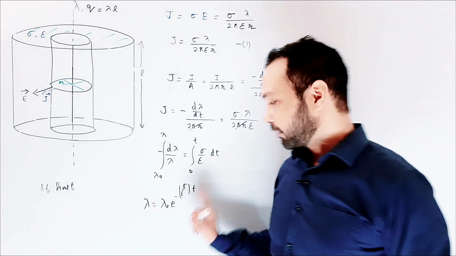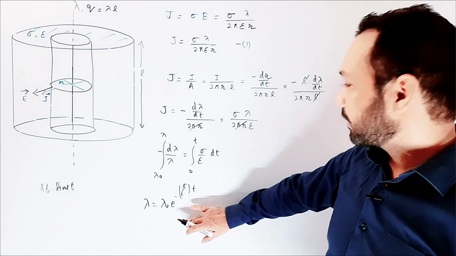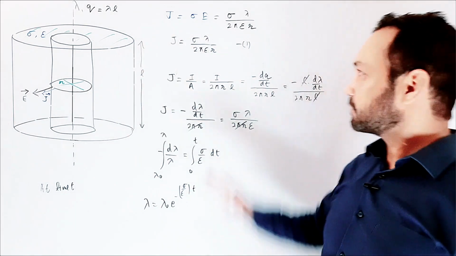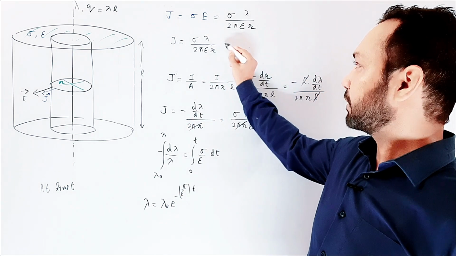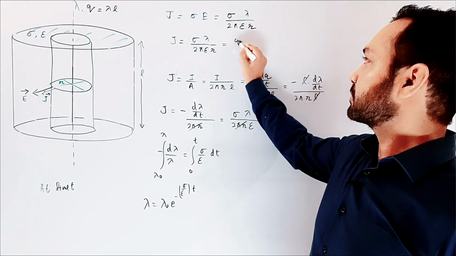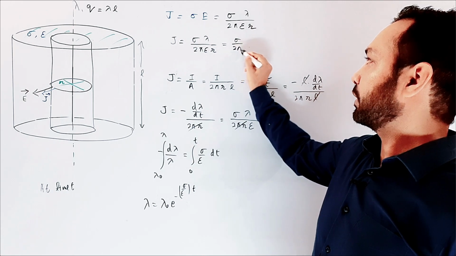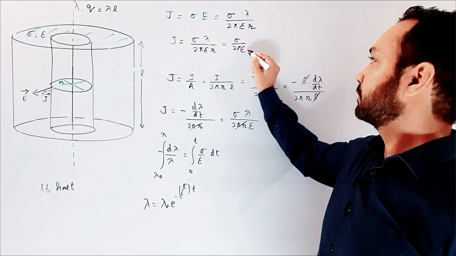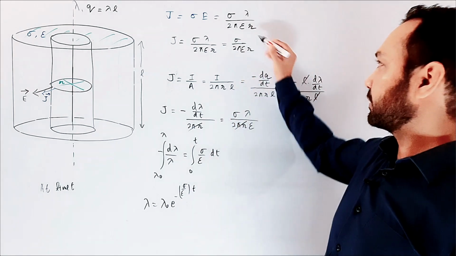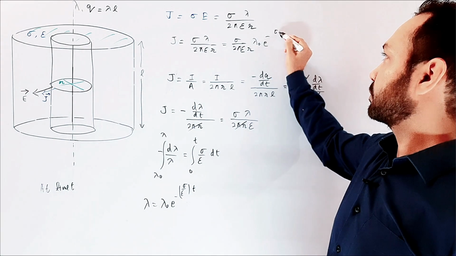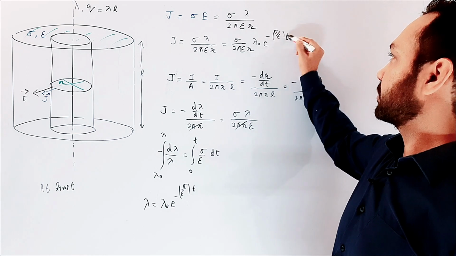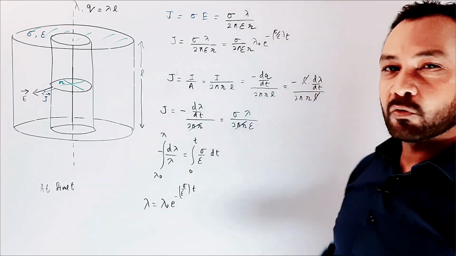So we got this lambda, and at a certain position the graph was asked, so I have to just put this lambda here. If I put this lambda here, I'll get sigma upon 2 pi epsilon r, that is a constant, and here lambda naught e power minus sigma by epsilon into t, and this whole thing is also constant.